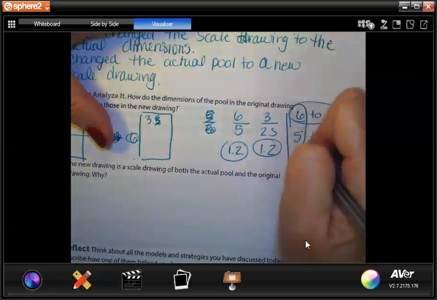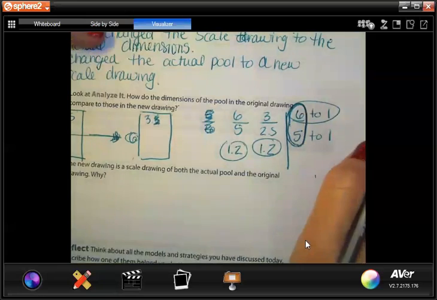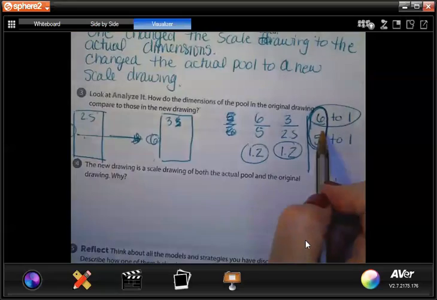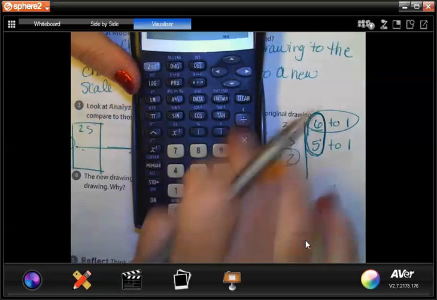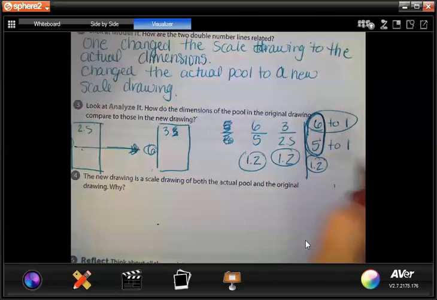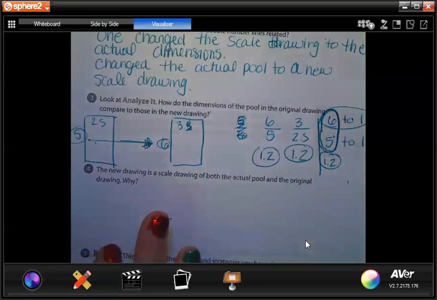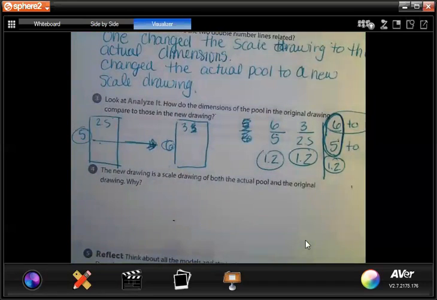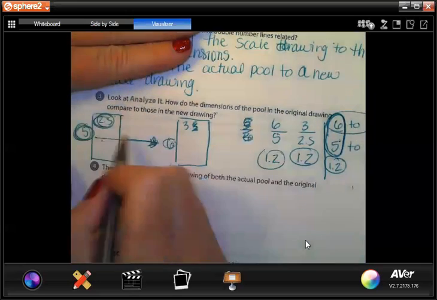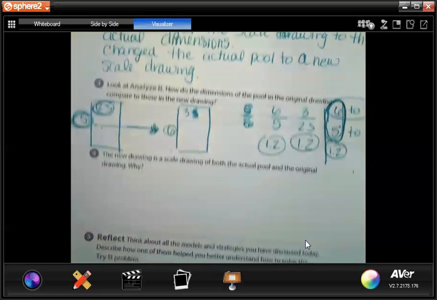So the comparison from this one to this one was 6 to 5. Watch, 6 divided by 5 is 1.2. That is another method you could use: take the original dimensions and multiply by this to get the new dimensions. But we can talk about that later.